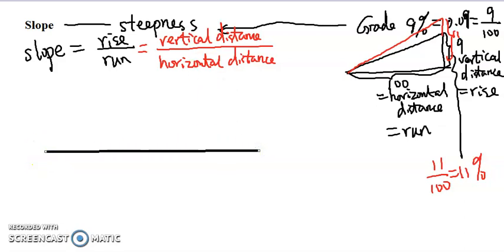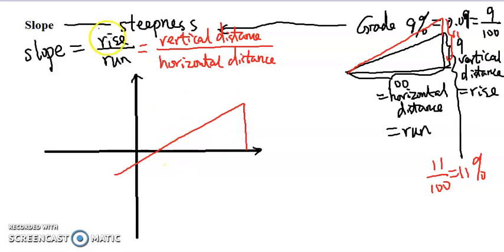So let's draw a coordinate system, x-axis and y-axis. And let's maybe move this highway here somewhere. Use a different color. Suppose we have a highway that goes like this, and in order to find the slope, we need to find the rise and run.